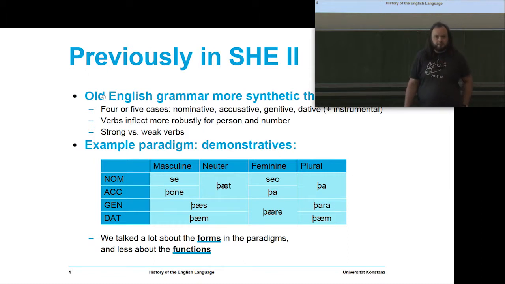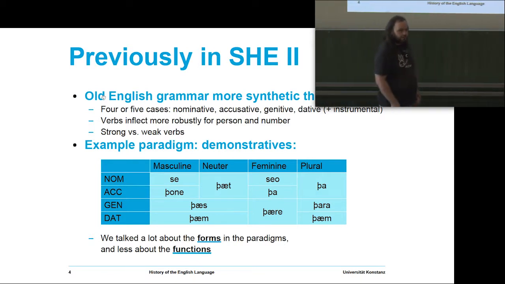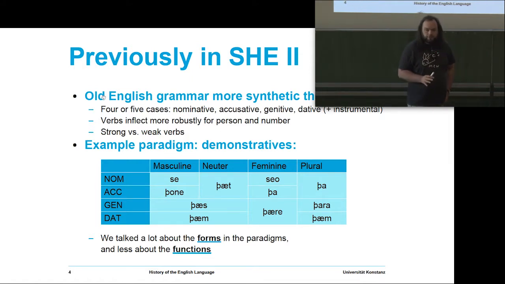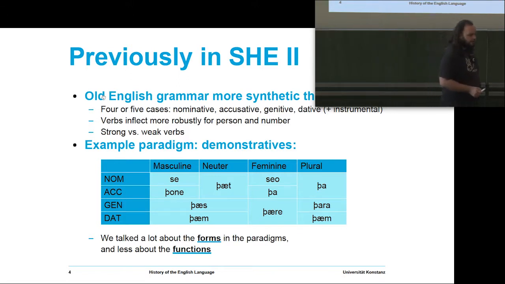And for that, you will need a bit of knowledge of the basics of this structure. It's useful then to know some basic generalizations about the paradigms. So for instance, that this M ending is quite common in the dative case. The large-scale generalizations, that's what's useful to know, not all of the fine detail. Does that make sense?